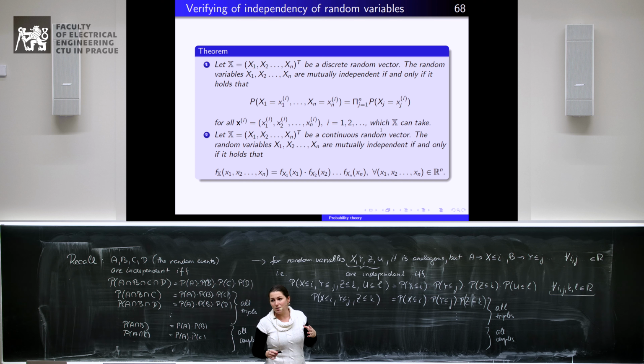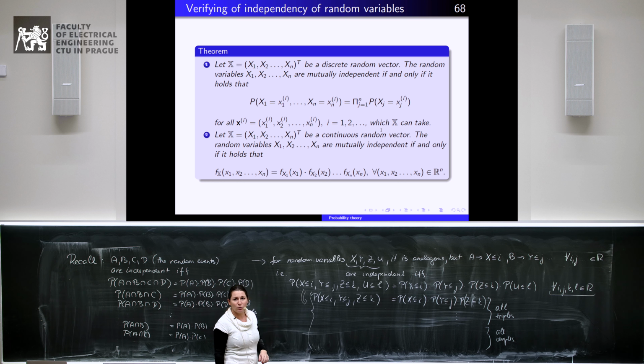So it is a very, very strong theorem saying that when we verify this independence from the first relation, it follows that the relation is satisfied for all combinations, and from all combinations, it follows that it is satisfied for all random variables.